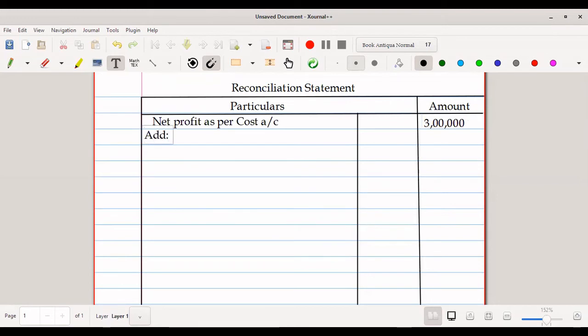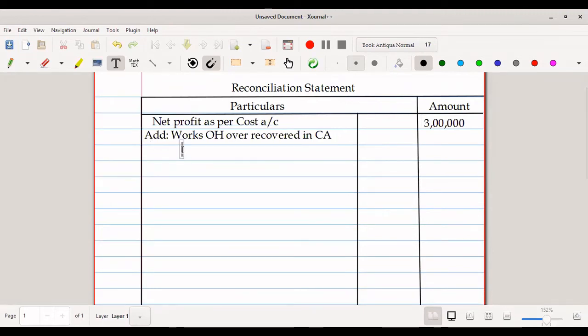What are the items? As I have discussed, works overhead over recovered in cost account. So this is the difference, and the difference amount should be taken here.